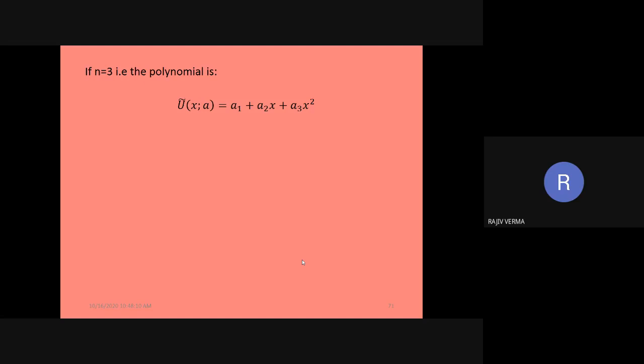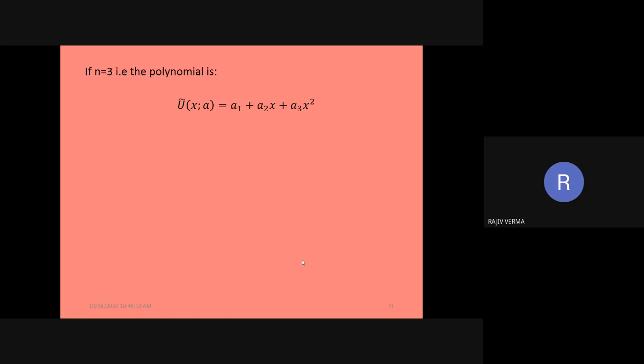One thing should be mentioned over here, that we are solving this particular equation for a1, a2 and a3, but a1, a2 and a3 do not represent the temperature at the endpoints. They simply are the coefficients to the equation.